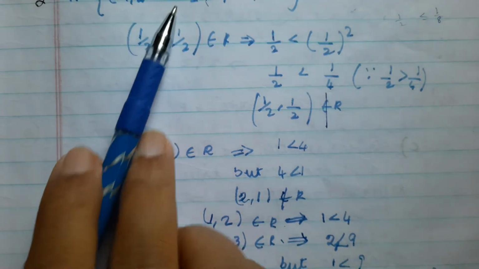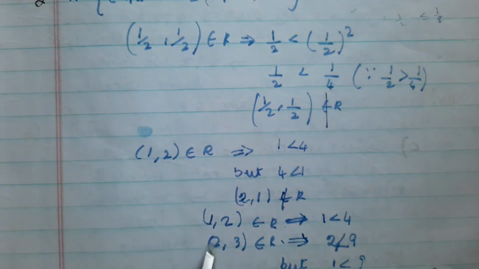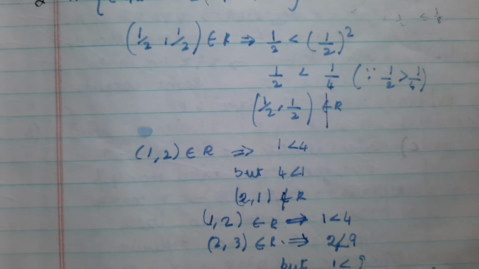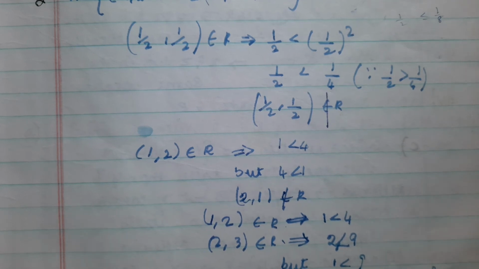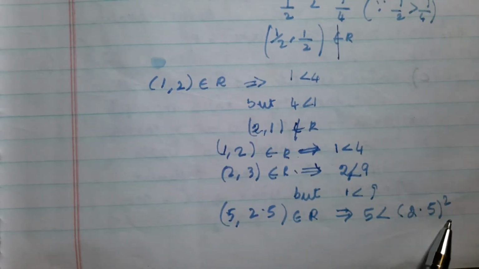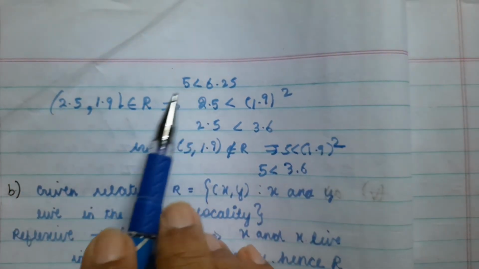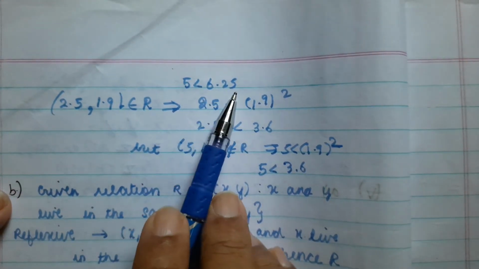According to this condition, a equal to 1 and b equal to 2. 2 square means 4. 1 is less than 4. (2, 3) belongs to R. 2 less than 9. Next, (5, 2.5) belongs to R. 5 less than (2.5) whole square. Therefore, 5 less than 6.25.